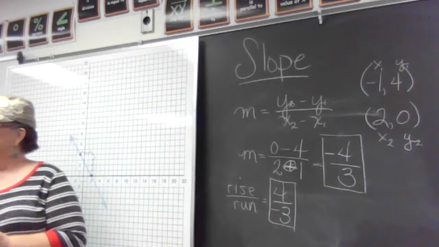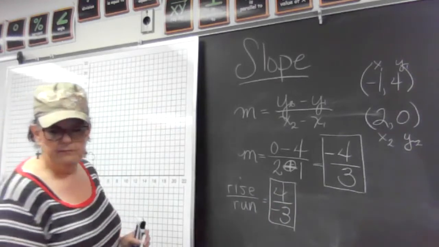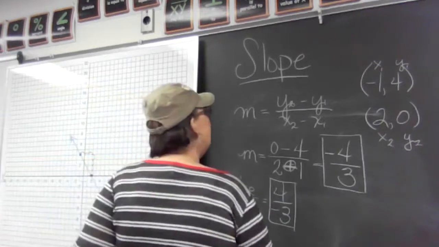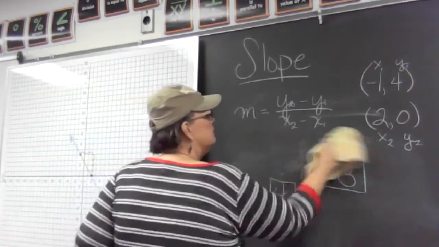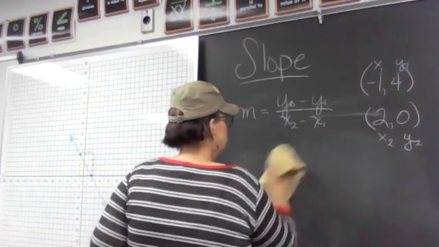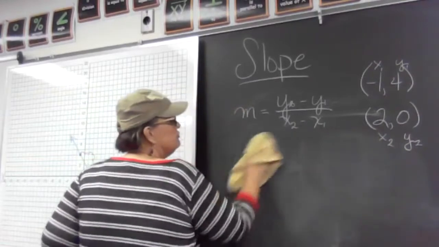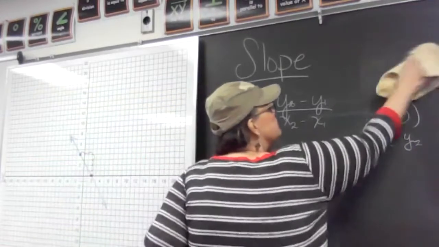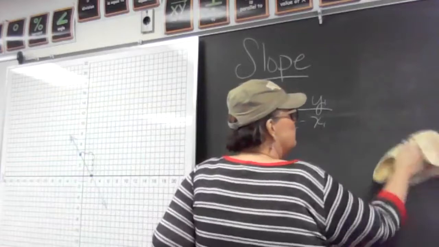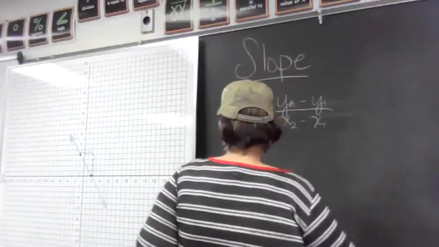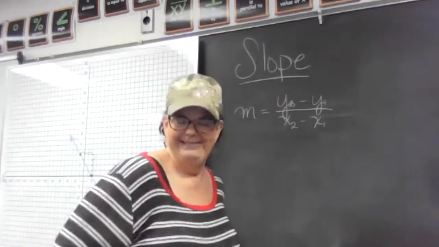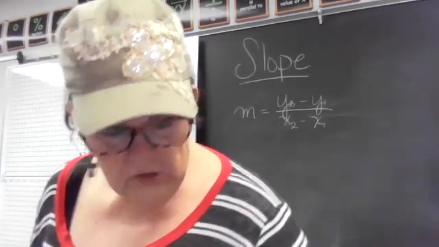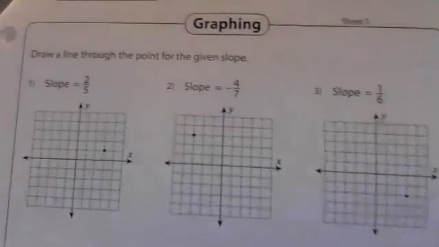Any questions? All right. So we're going to look at page 5 in your packet number 2. And make sure that you know how to do some of these problems. And it looks like we may have a relatively short lesson. We'll see here. So this is page 5.